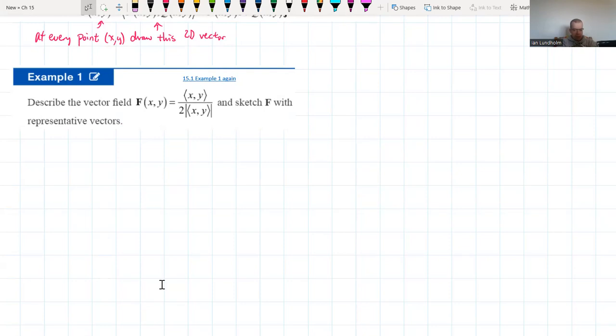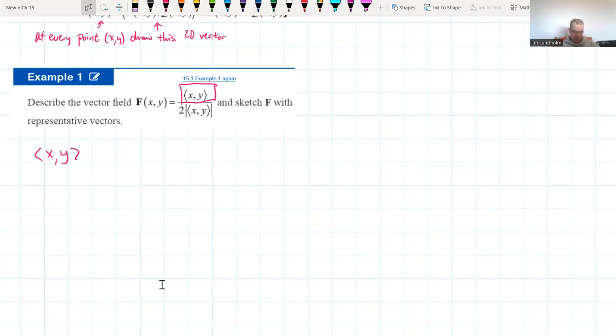Okay, example number 1. Describe this vector field and sketch F, the force field, with representative vectors. Okay, the numerator of this fraction is a vector. This vector xy, we could think about, if it's plotted at a point xy, maybe I should just start the sketch right now.